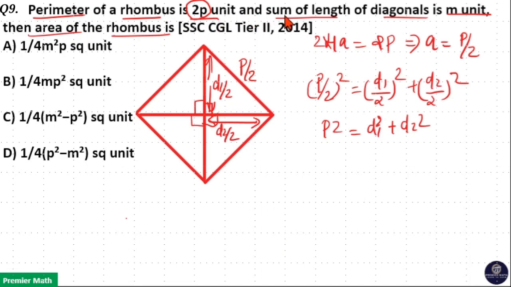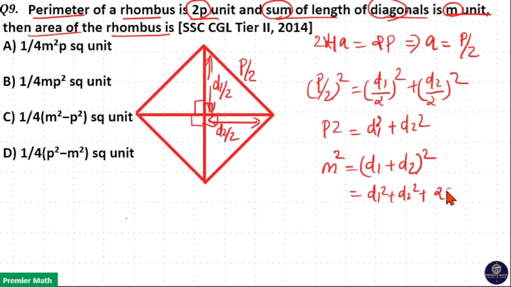Now here sum of length of diagonals is m unit, which means m is equal to d1 plus d2. Then m square is d1 plus d2 the whole square, which means d1 square plus d2 square plus 2d1d2 is m square. Here we need to find out the area of rhombus.